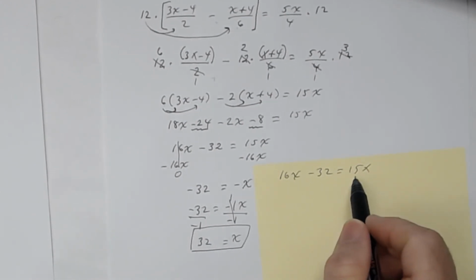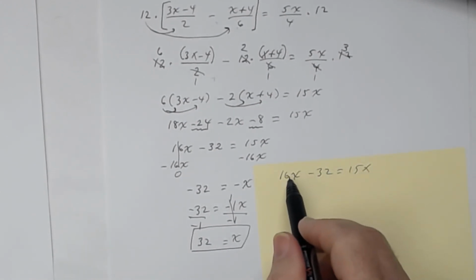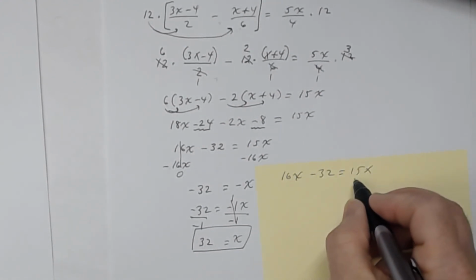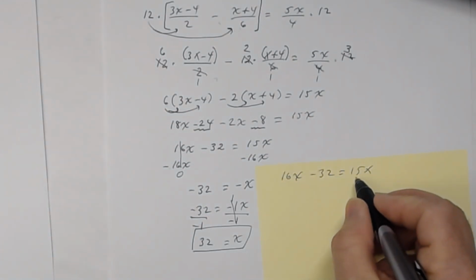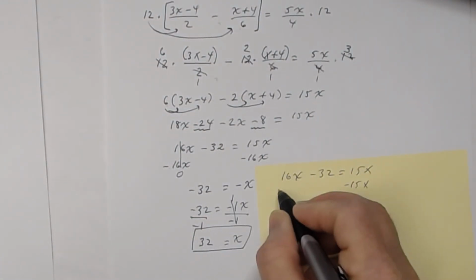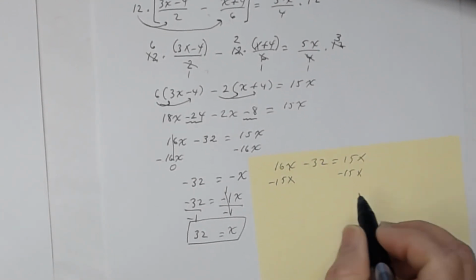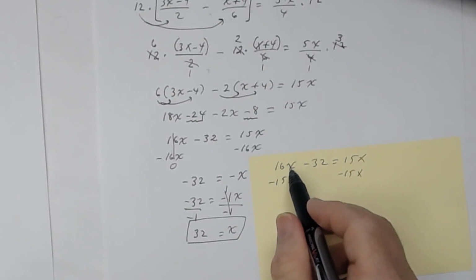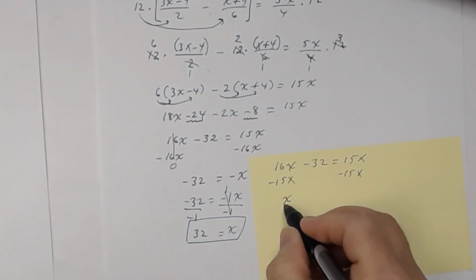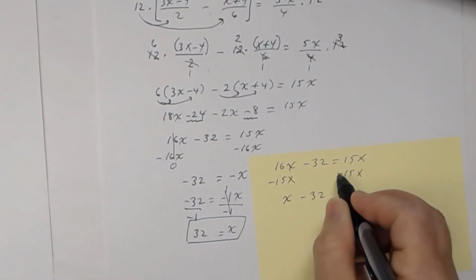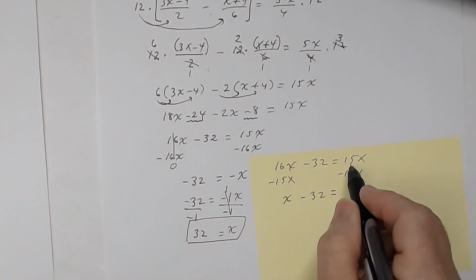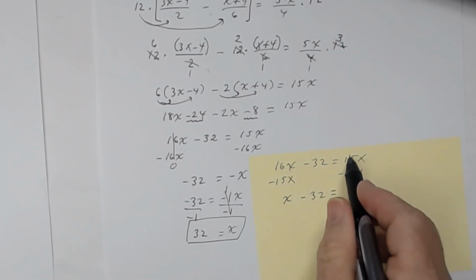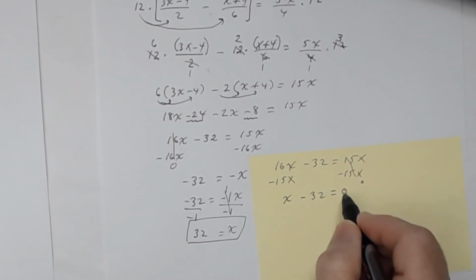They could say, I'm going to bring the variables to the left-hand side and the constants to the other. That's perfectly okay. First, you subtract 15x from both sides, and then combine like terms. 16x minus 15x is just x, subtract 32 equal, and be careful, you have to have something on this side. 15x minus 15x is 0, so 0 goes here.